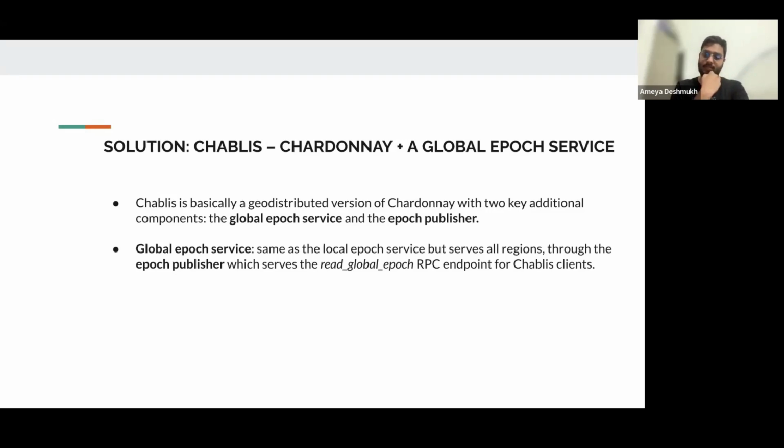There's again a number which is used to give strict serializability to transactions. And instead of, like the second option we discussed, being located in just one region and having other regions do cross-region writes, it has an epoch publisher, which publishes the epoch every time it updates, and the epoch publisher is located in every Chablis region.